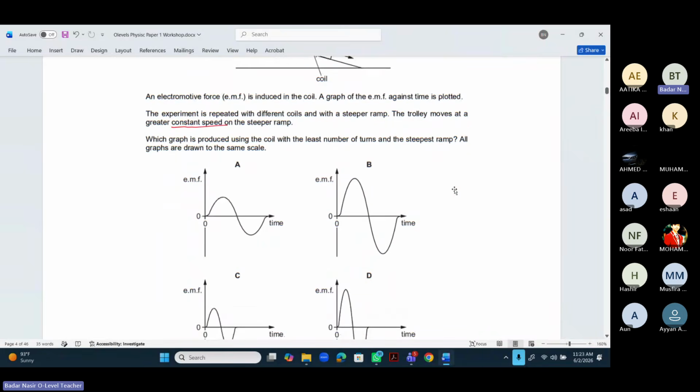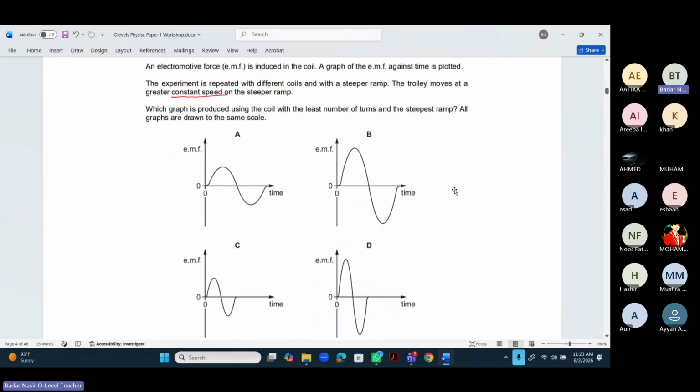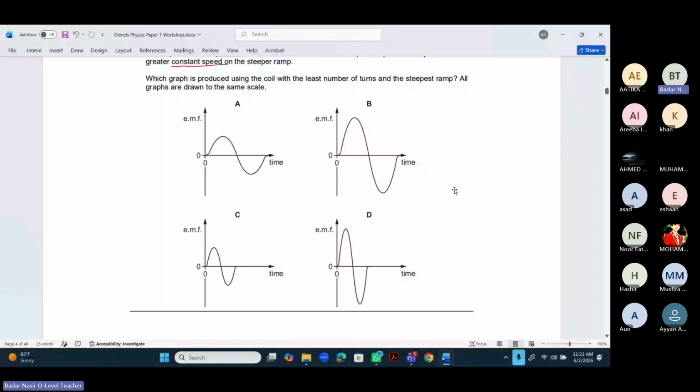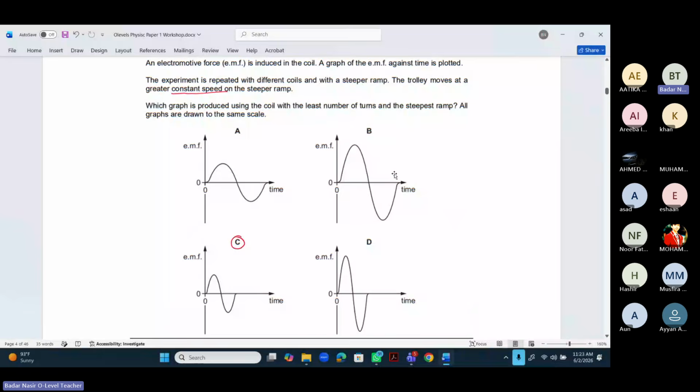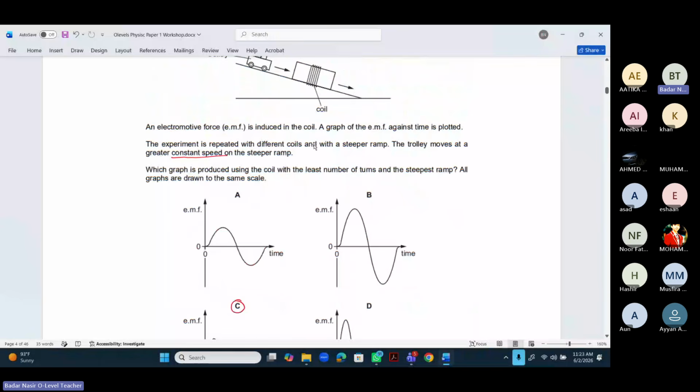So इनमें से which one is going to be the correct graph for this? So हमारे पास this is going to be the graph. So उसने आपसे एक चीज कही है, an EMF is induced in the coil, a graph of EMF against the time is plotted, the experiment is repeated.